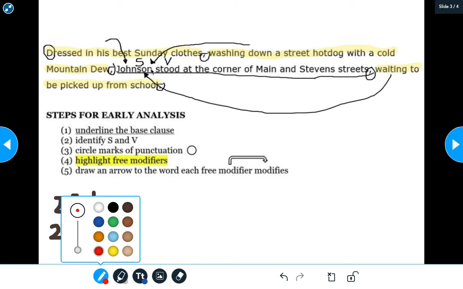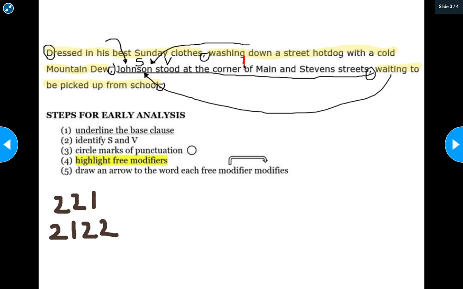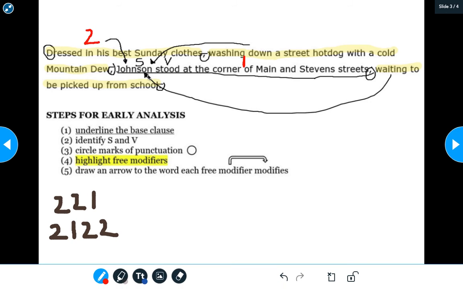We've seen this one before as well. Here's our base clause: "Could be true that Johnson stood at the corner of Main and Stephen Streets." And you can see all these pre-drawn arrows: "dressed in his Sunday best clothes" modifies Johnson. So here's our base clause, it's a level 1. This modifies Johnson. That's in the base clause.